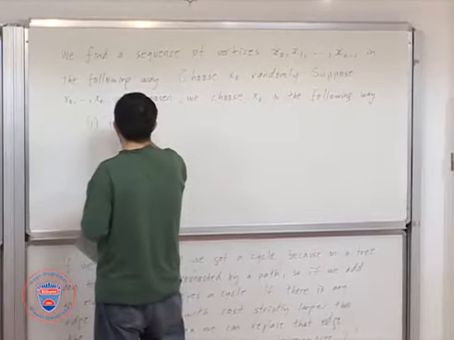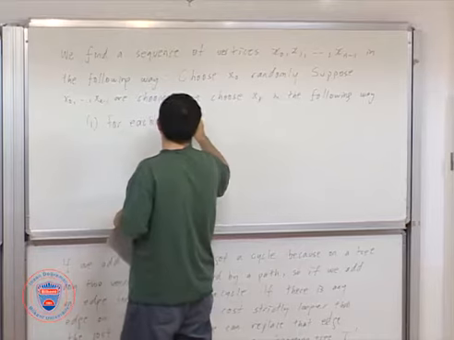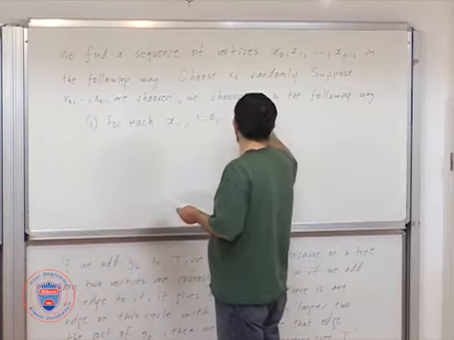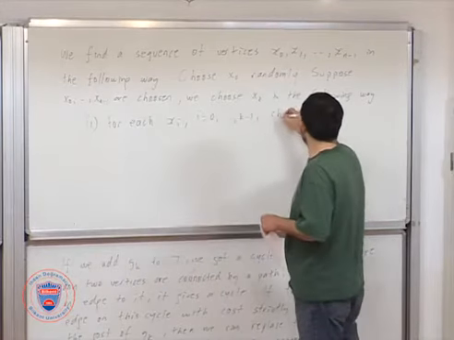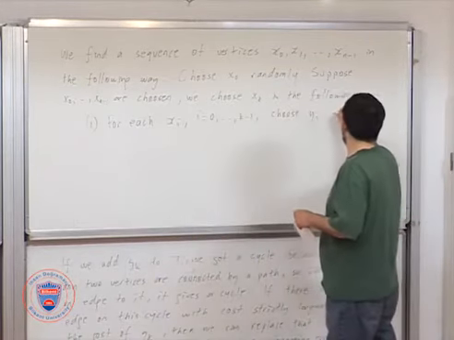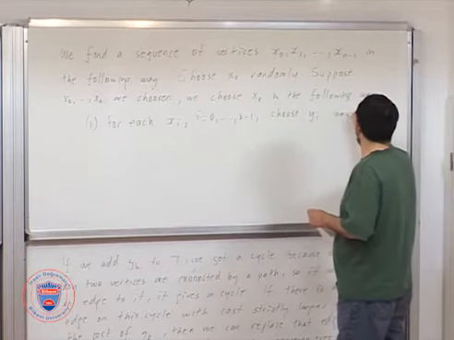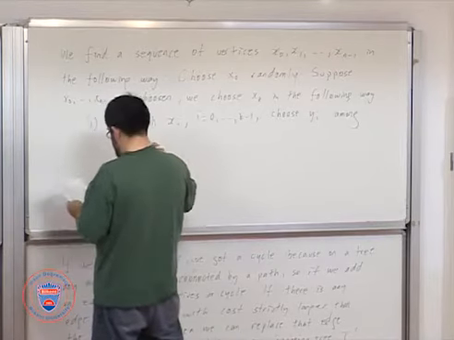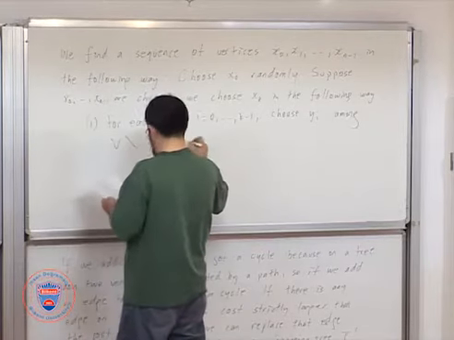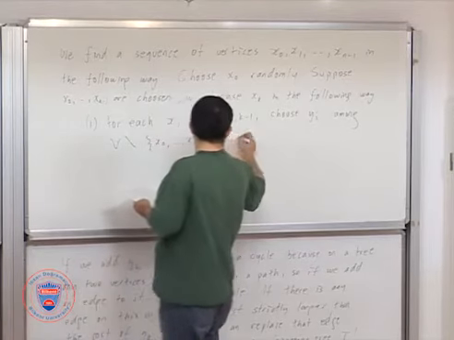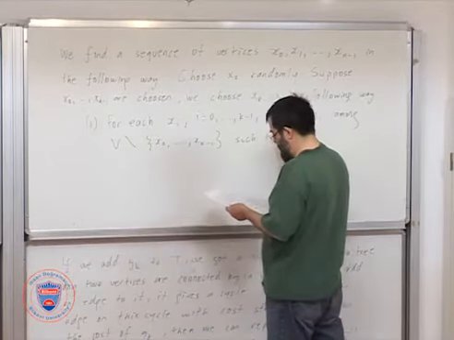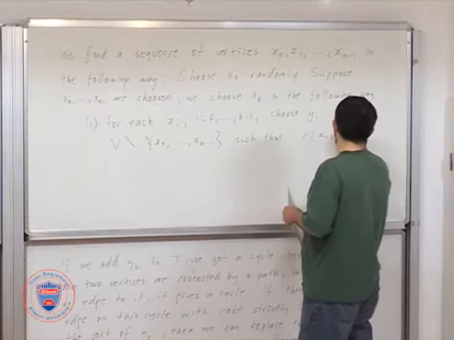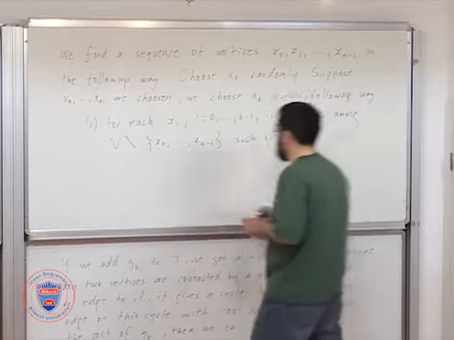So for each xi, where these could be all the previously built ones, choose yi among V minus the chosen vertices, such that the cost of building xi to yi is minimal.